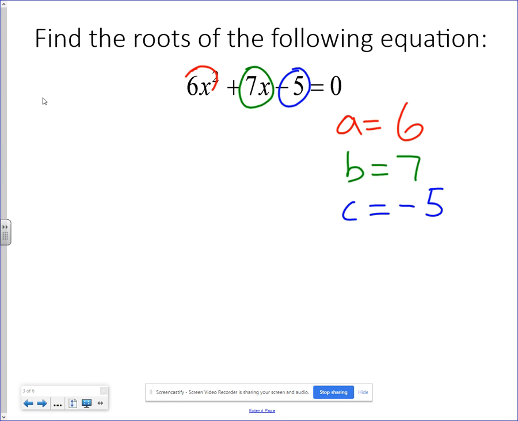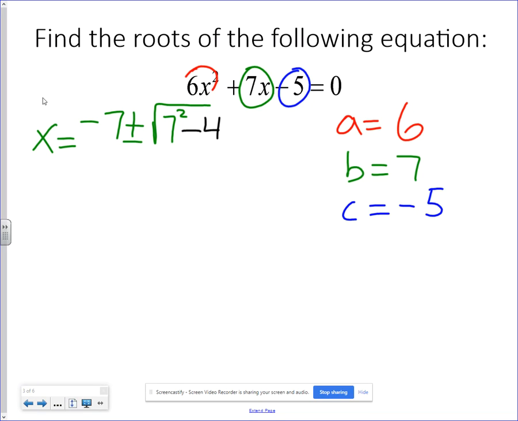So we have x equals, we'll take the opposite of b. So if b is 7, the opposite of b will be negative 7. We have our plus or minus. We'll take the square root of b squared, which will be 7 squared, minus 4 because that's in our equation.